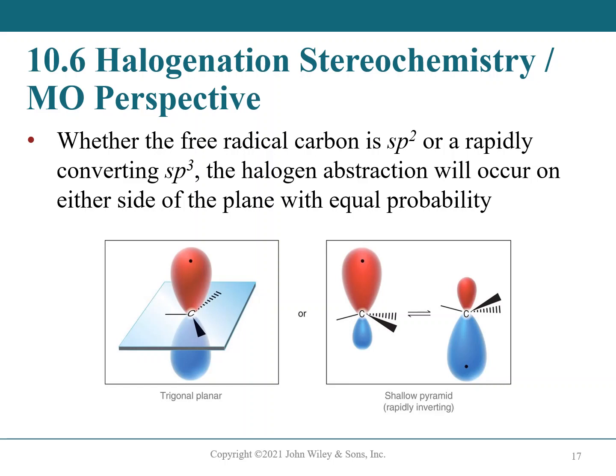If we look at the molecular orbitals of the intermediate radical, this will give us a picture as to why we're getting this racemization.